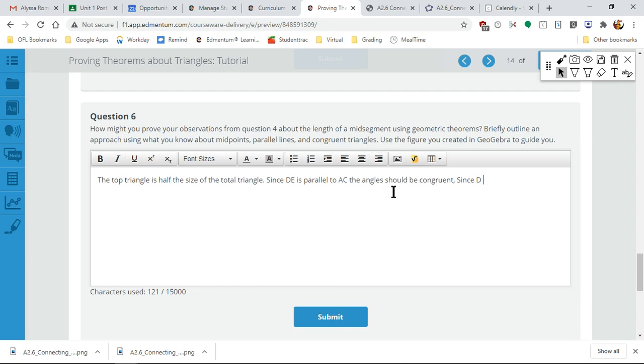Since B is the midpoint of AB and, what was it, E is the midpoint of BC, two lengths are halved, meaning the third length is halved.